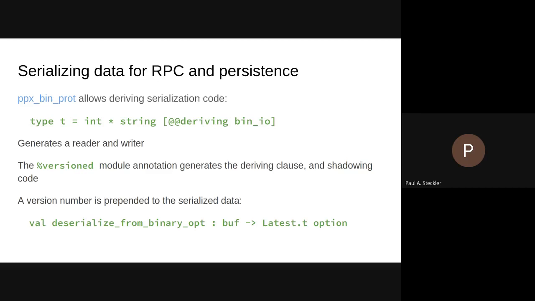It examines the version number that's been prepended and will invoke the reader corresponding to that version. And we'll also use the toLatest function so that we get an instance of latest.t. It's an option because the serialized data may have a bad version number, either it's bogus or that version has been deleted from our code base.